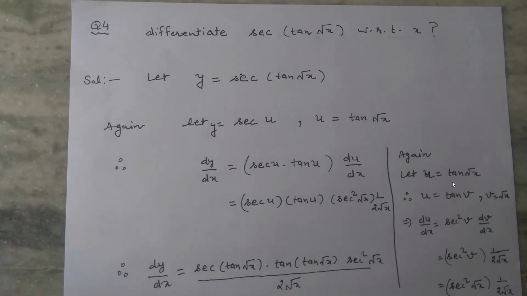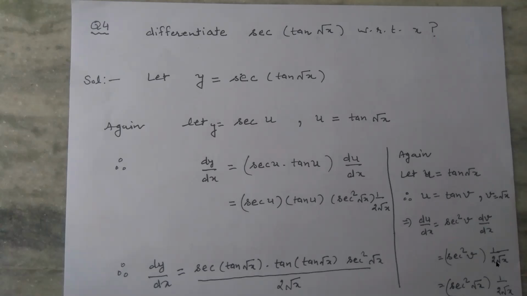Again, this is a function of a function. So we can again write it as u is equal to tan v, where v is equal to √x. Now du/dx is equal to the derivative of tan v with respect to v, which is sec² v into dv/dx. Sec² v, and what is the derivative of √x?